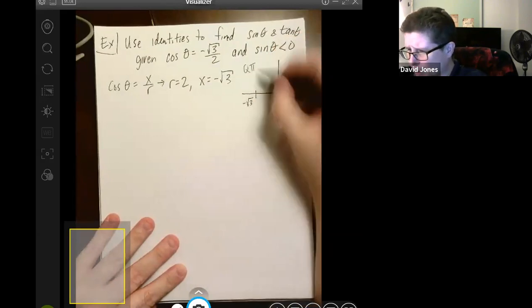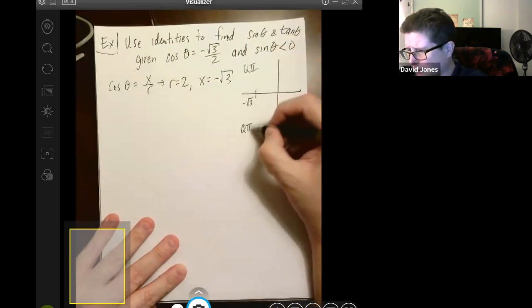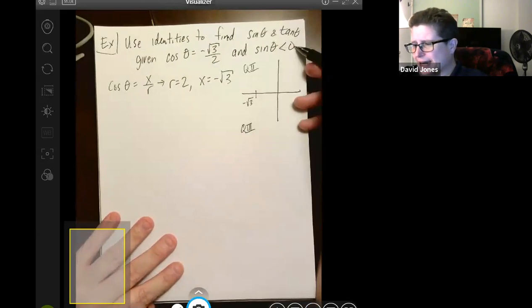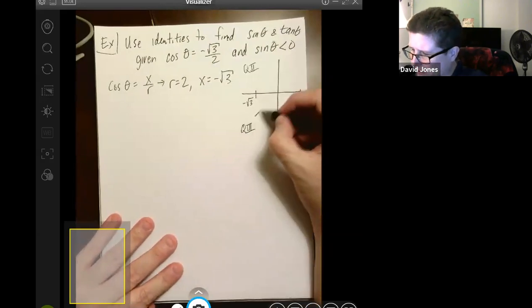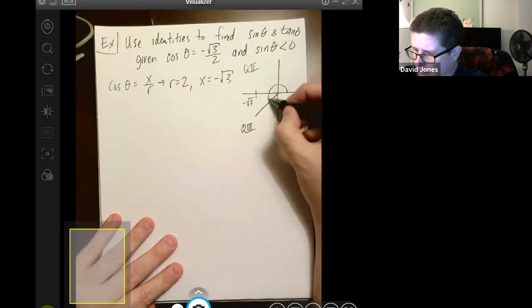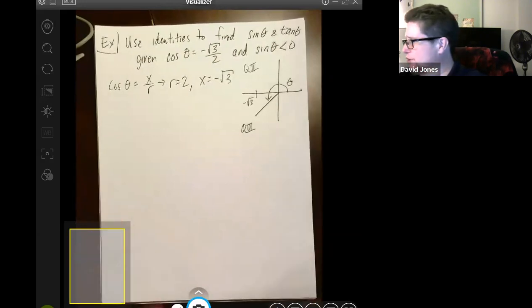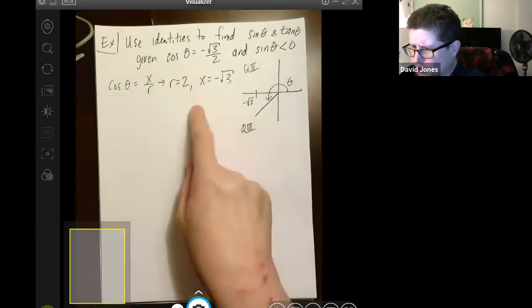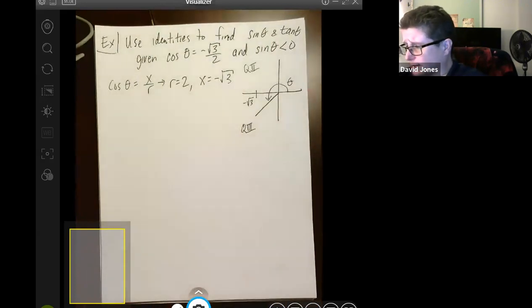That applies to both. Sine being negative tells us it's down here. So drawing a picture helps. So we've got r equals 2, x equals negative root 3.